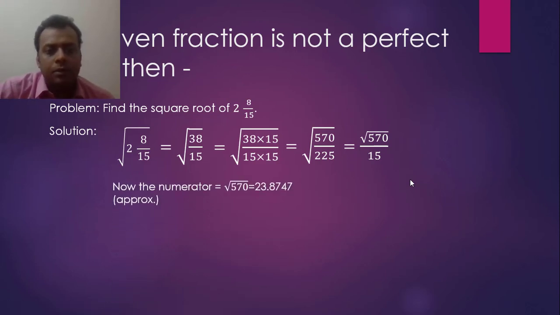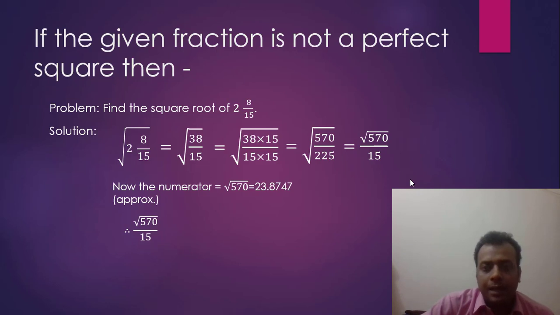Now find the square root of 570, which will be 23.8747 approximately. In the last class, you have seen how to find the square root of a number which is not a perfect square up to some decimal point or approximate value.